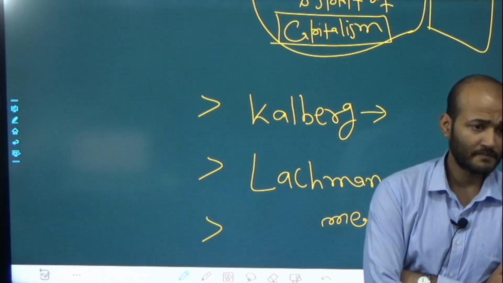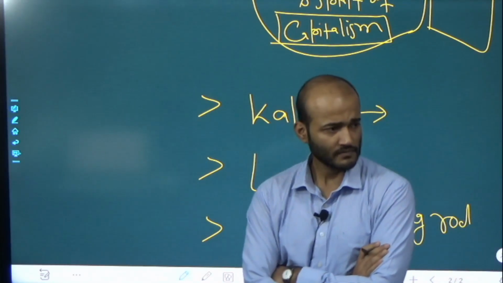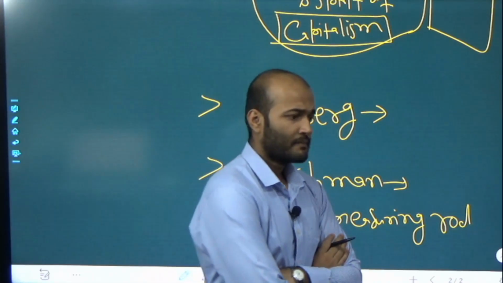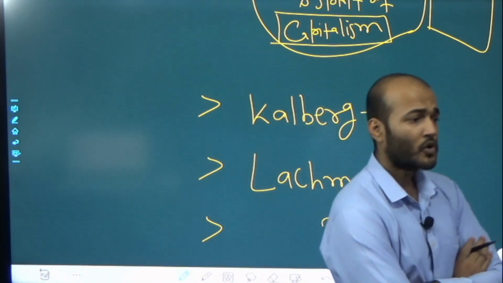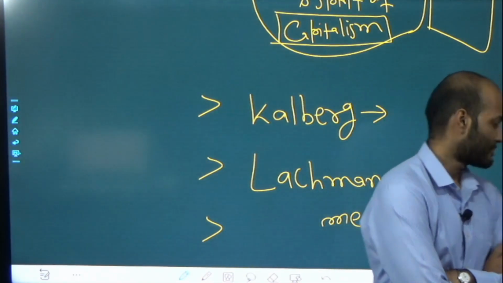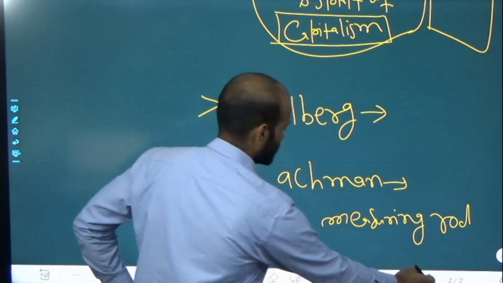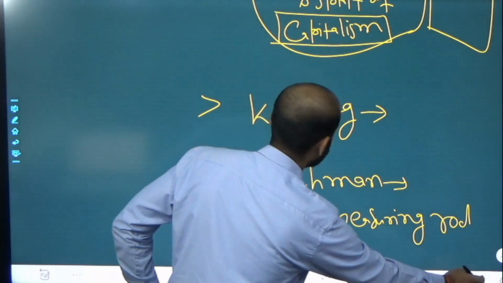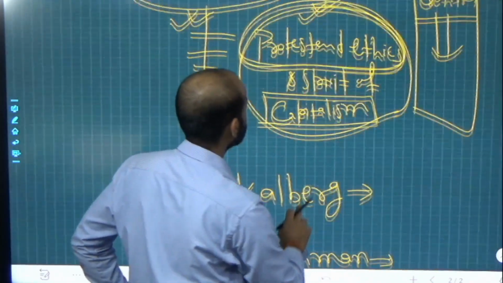व्हाट इज आइडियल टाइप? जैसे एग्जांपल लिखिए, इसका एग्जांपल देखिए, जैसे प्रोटेस्टेंट एथिक्स एंड स्पिरिट ऑफ कैपिटलिज्म, राइट, है ना.